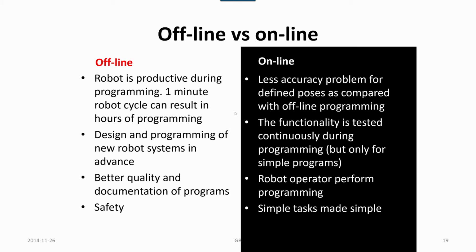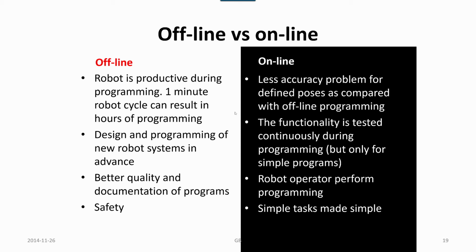We can work at the office at our own pace. We can design and program new robot systems in advance, meaning that we don't need to have the robot while we are modeling, trying out new ways to perform the application and trying out the best options, so to say.